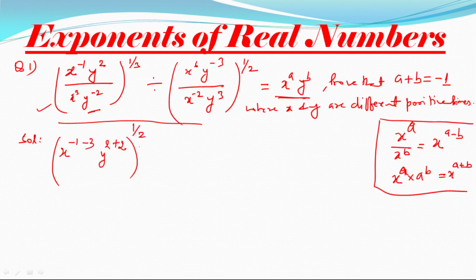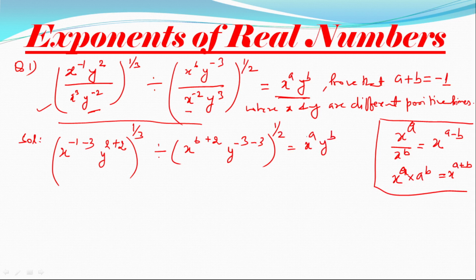Over the bracket this is 1 by 3, sorry, not 1 by 2, it is 1 by 3, divided by again x to the power 6, and from the bottom it will go and it will become plus 2. Similarly y to the power minus 3, and again it will be going at the top, it will become minus 3, and 1 by 2. So it is equal to x to the power a and y to the power b, it is given.